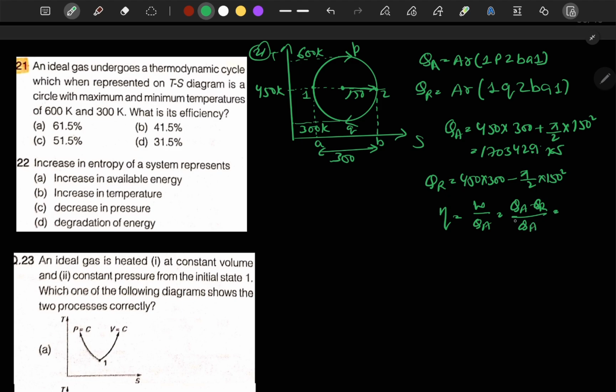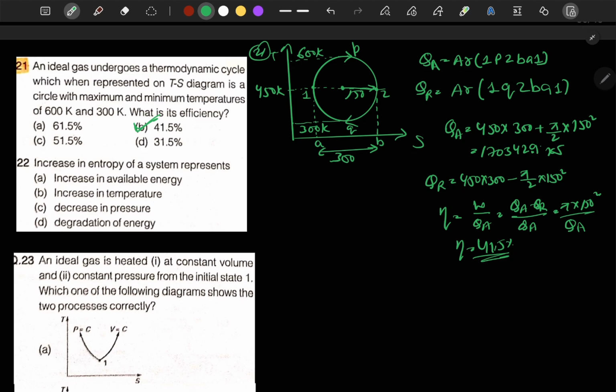The difference of both terms would come out to be pi into 150 square, which is also the area of the circle, divided by QA, which we have calculated. If we calculate these values, we get efficiency equal to 41.5%. So option B is correct.